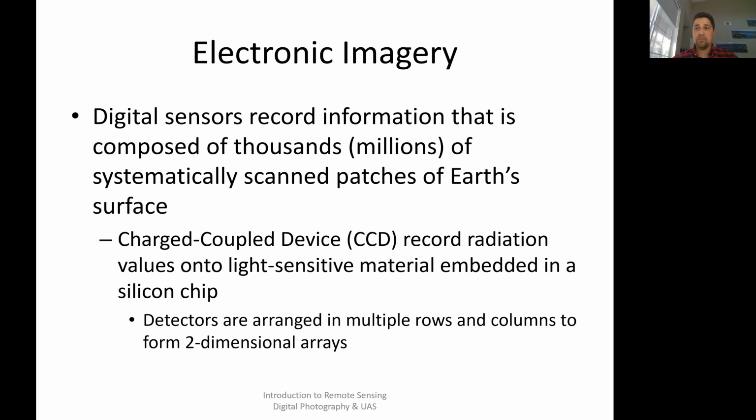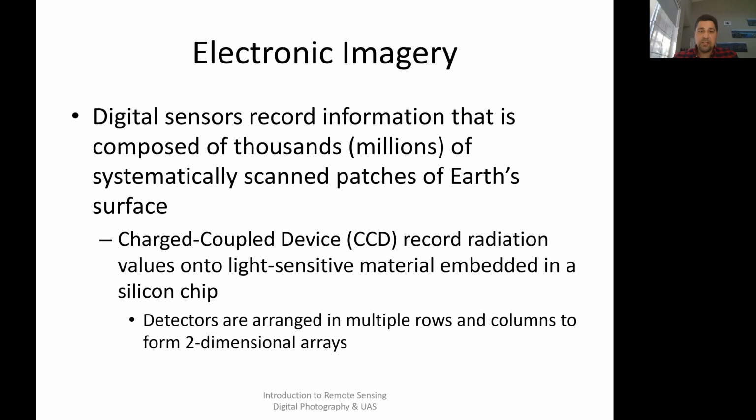So electronic imagery, digital imagery, right? When we say this, we're talking about digital sensors recording information. So millions, not just thousands, millions of pixels. And each one of those pixels is picking up a unique portion of the Earth, a unique portion of the surface.